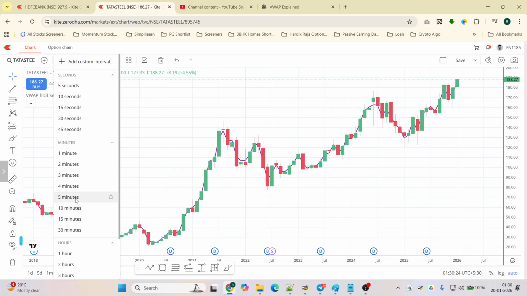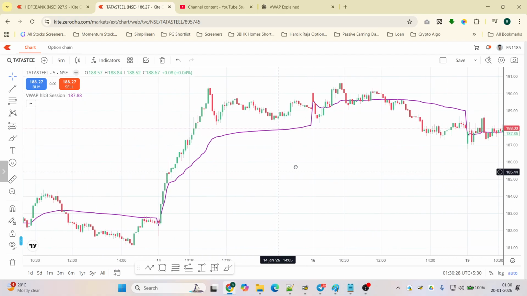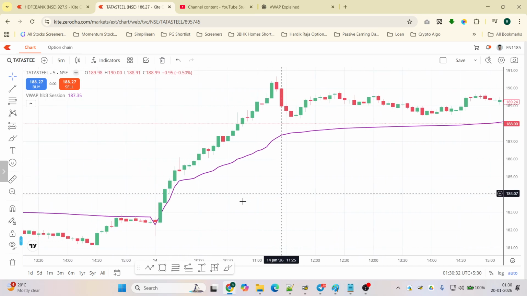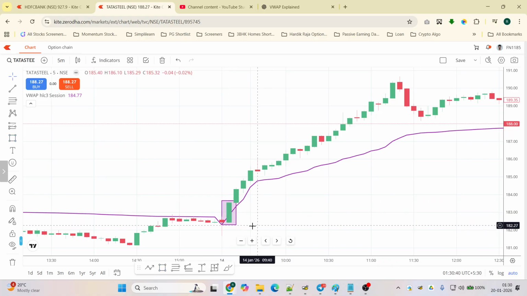So let me take a 5 minute time frame here. I'm zooming in. Can you see this point here? This particular candle has closed above the VWAP. It's a bullish Marubozu.